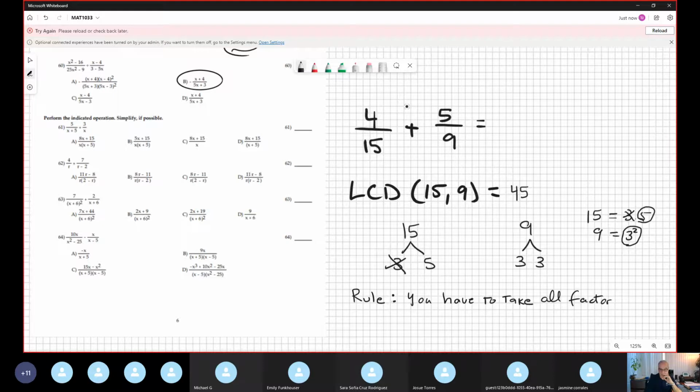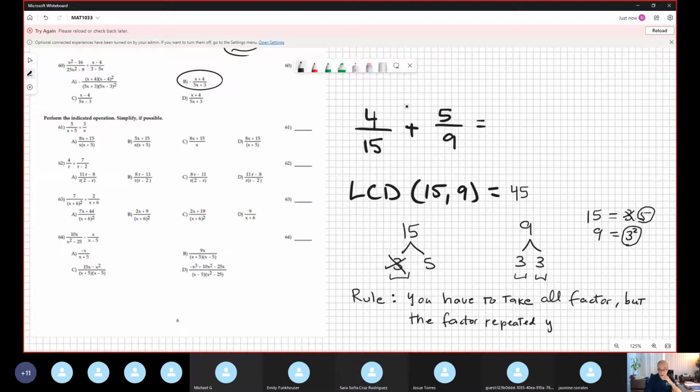In this problem I have 3 and 5, so your final answer contains 3 and 5. But the factor repeated, in this case, who is the factor repeated? 3, because I see 3 here and 3 here and 3 here. 5 no, because 15 contains 5 and 9 does not contain 5.